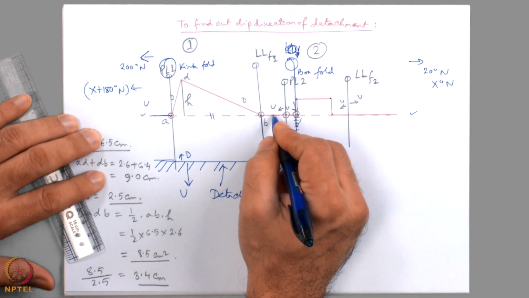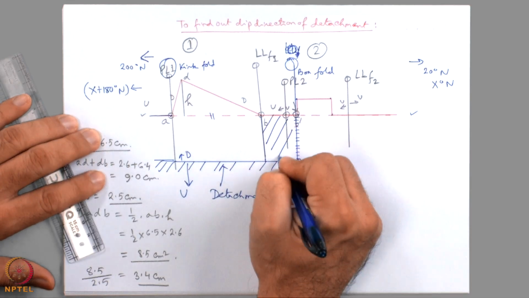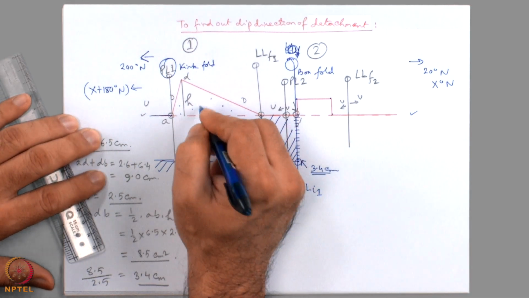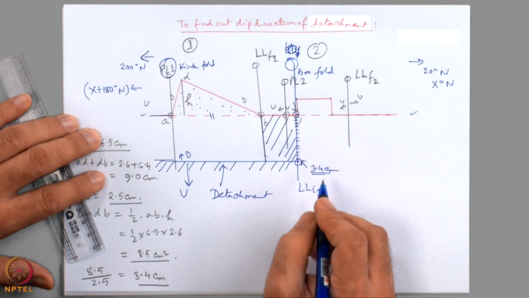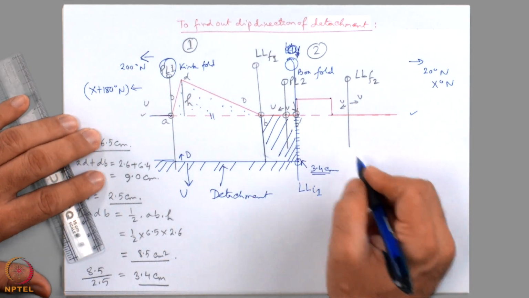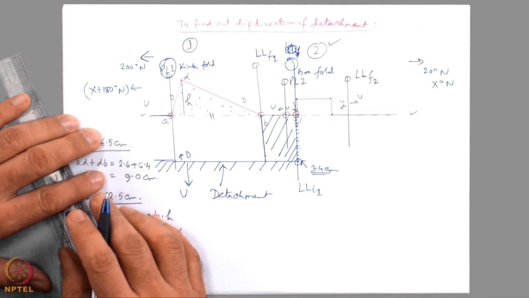During compression, this much of area got reduced, and here was the new area gain. Now, we will find out the detachment depth from the box fold or fold 2.